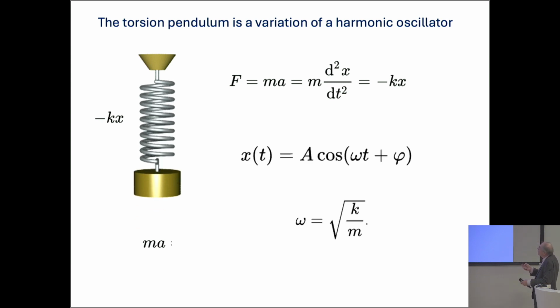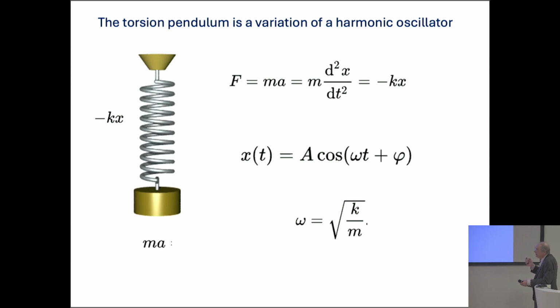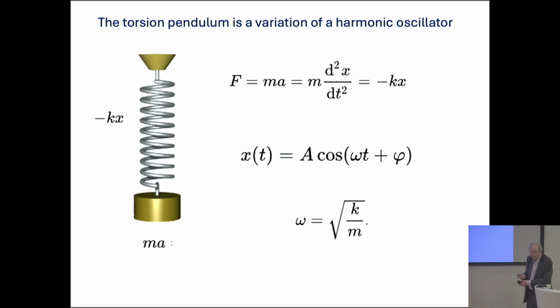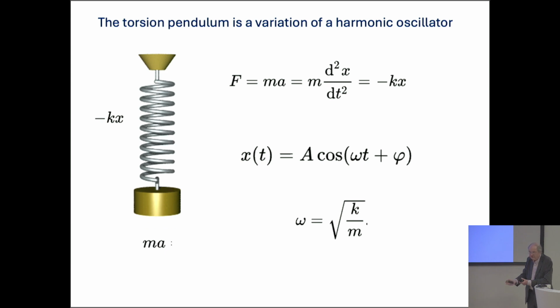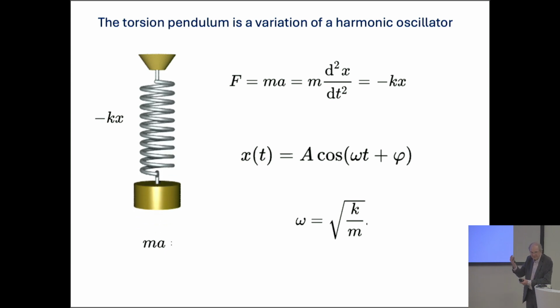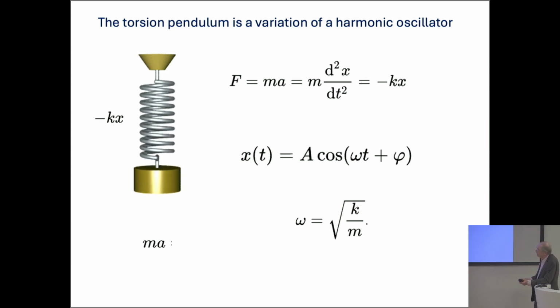You can reformulate it to mass times d squared x dt squared equals minus kx. If you solve that equation, it's just a sinusoidal function with some amplitude. And as long as it's purely elastic, the thing will oscillate eternally.